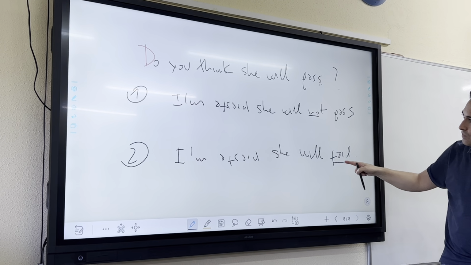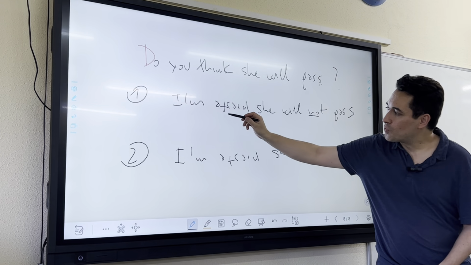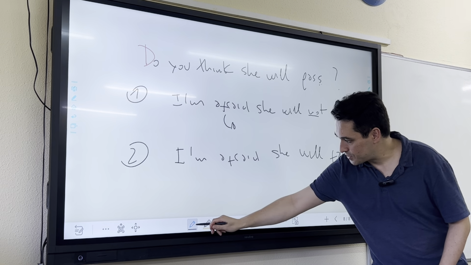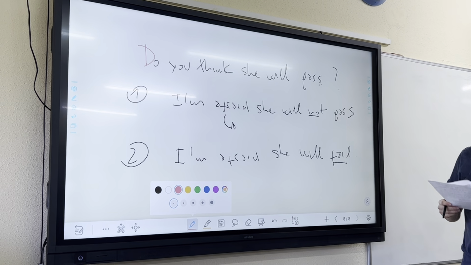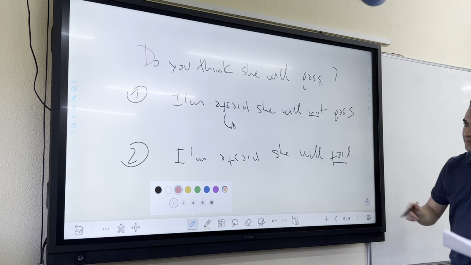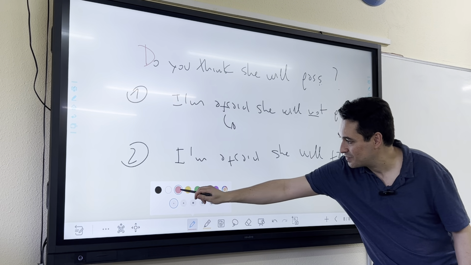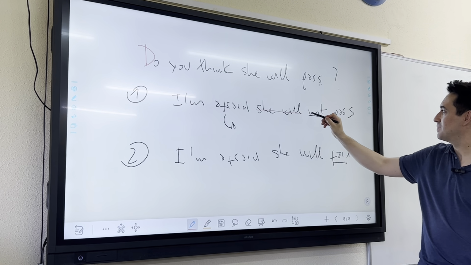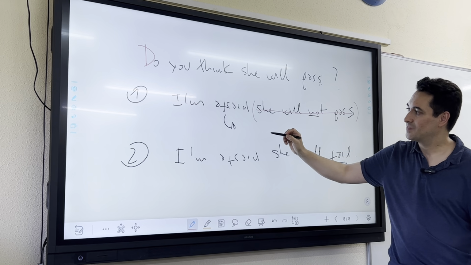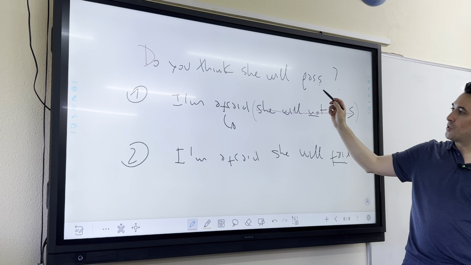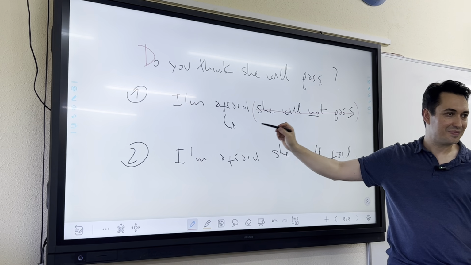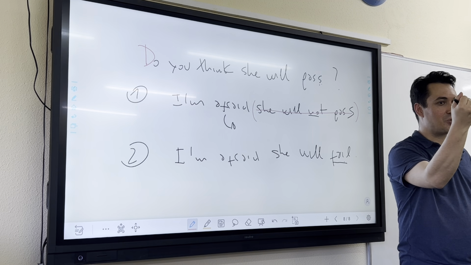Yeah. How can you rephrase this one with ellipsis? I'm afraid she will not pass. Do you think she will pass? I'm afraid. Okay, two possibilities. Not or so.